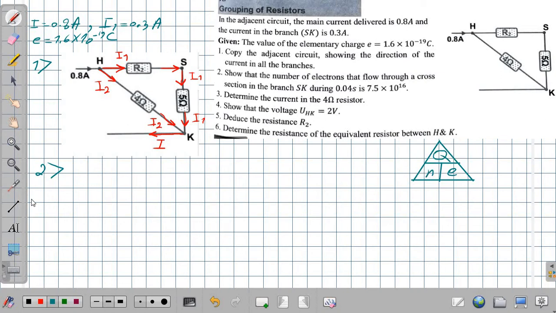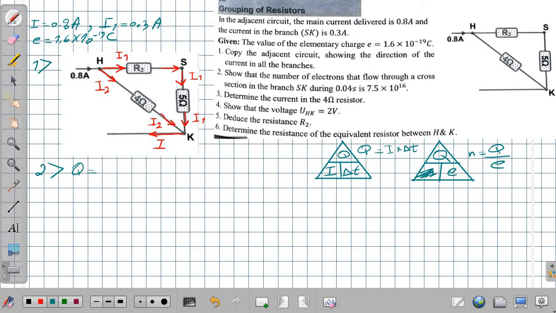So we will use another relation to find the quantity of charge, I equals Q over delta T. This relation allows us to find the quantity of charge, substitute in it, and finally we will get the number of electrons. Number of electrons is equal Q over E, and to find the quantity of charge, Q is equal I times delta T.